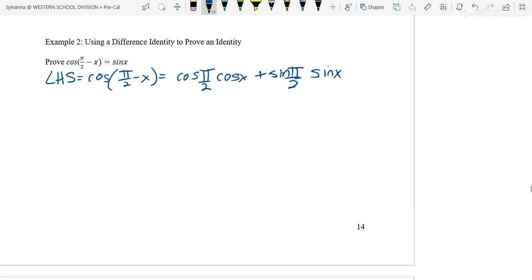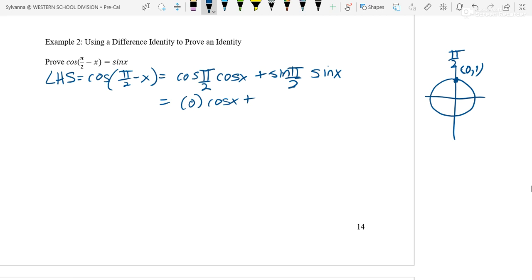All right, so I can evaluate some of this. I know what cos of pi over 2 is. I can look at my unit circle. So pi over 2 is right here, and my point would be (0, 1). The first coordinate is my cos. So at pi over 2, cos will be 0. So 0 times cos x.